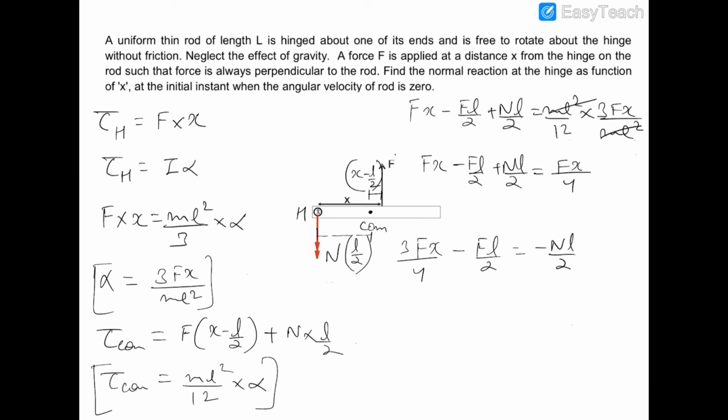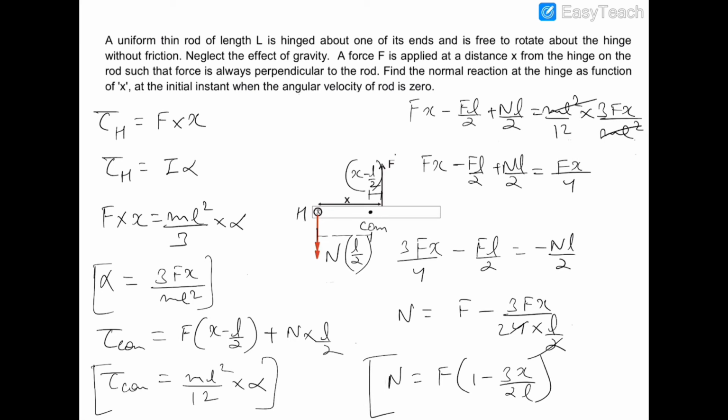Okay, so this N will be equal to F minus 3Fx by 4 divided by L by 2. So this N would be equal to, F is common, F times (1 minus 3x by 2L). So this is the value of N in terms of F and x.